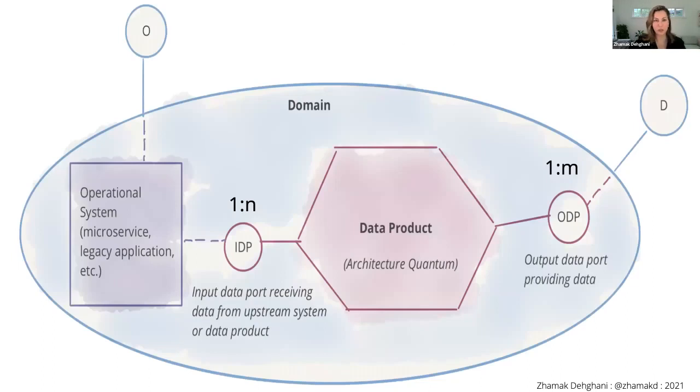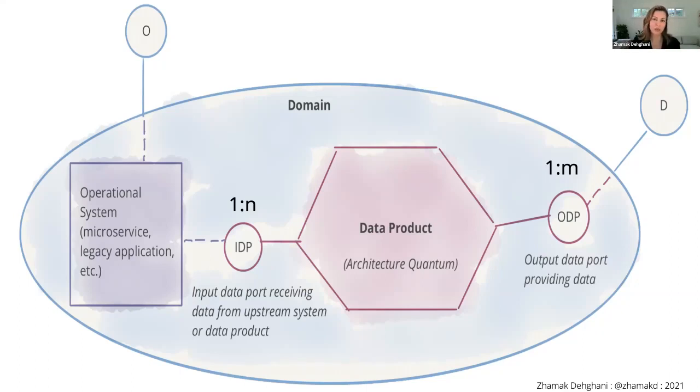So what does it look like? If you zoom into that domain, now you've got your microservices, legacy application, that box that implements your lollipop, your operational APIs. And right adjacent to it, you have one or many data products within that domain that have two very key interfaces.